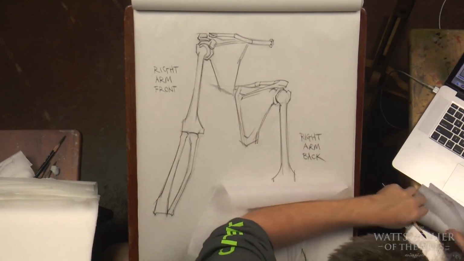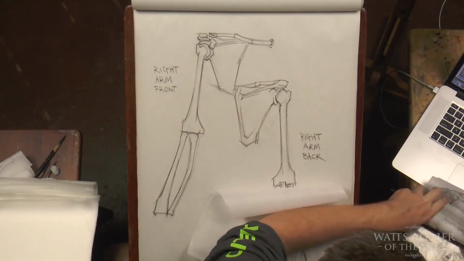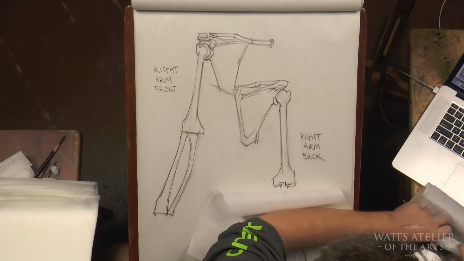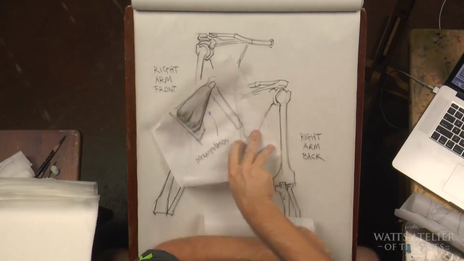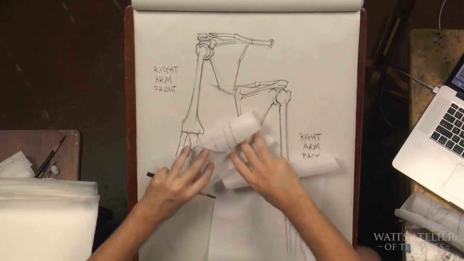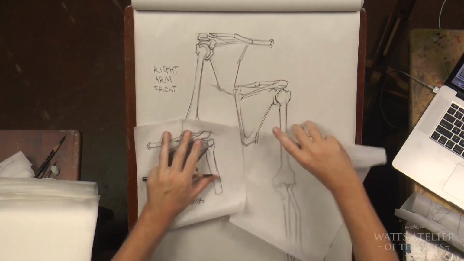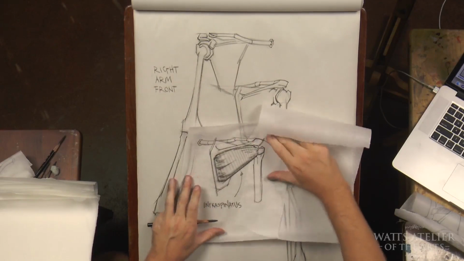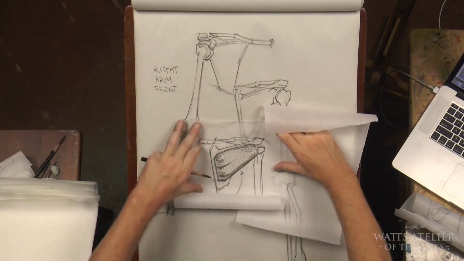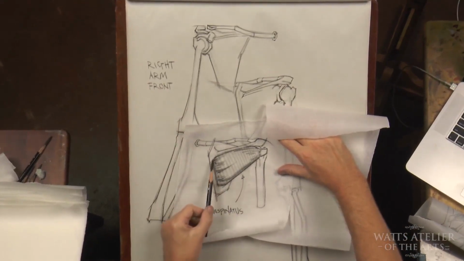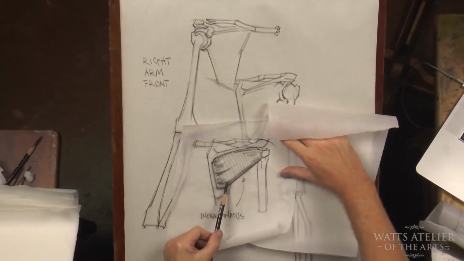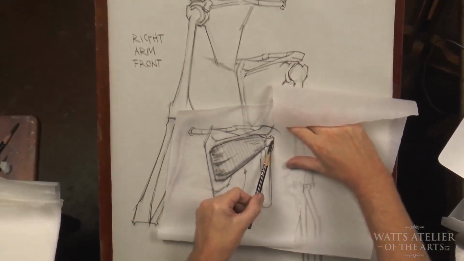Is going to be infraspinatus, which is right here. So there we go, infraspinatus. You can see pretty clearly it sits on the back of the scapula again, comes out and over, locks onto the humerus.